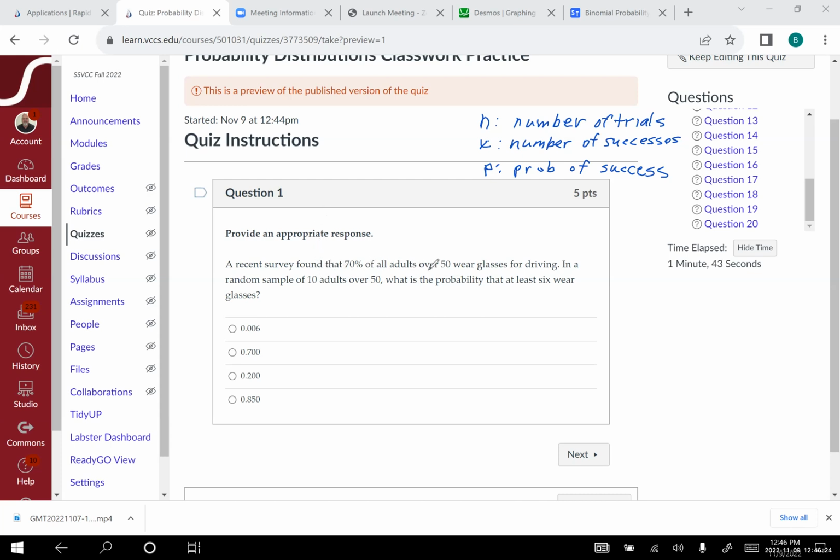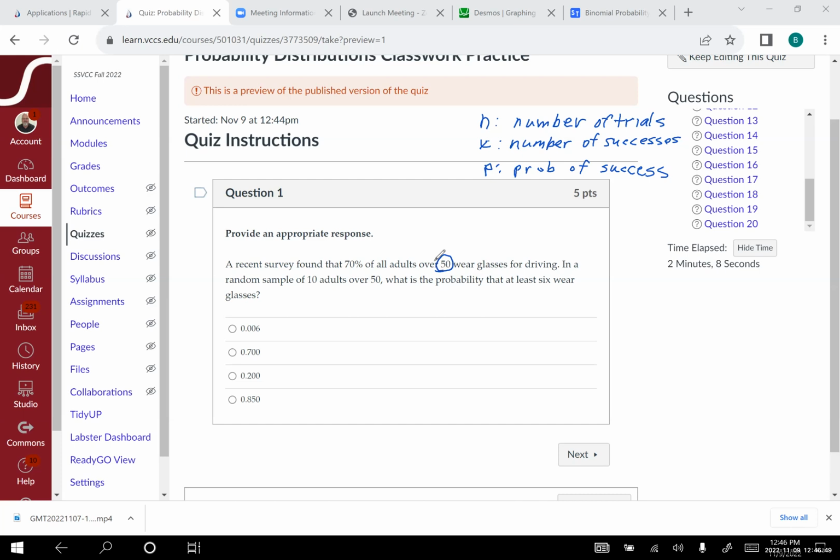70% of all adults over 50 wear glasses for driving. In a random sample of 10 adults over 50, what is the probability that at least 6 wear glasses? Now, these are one of the problems that really annoy me. The 50 is an age that doesn't come into the calculation at all.